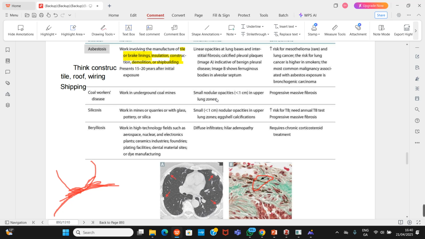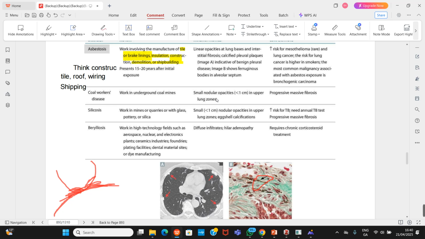Then berylliosis occurs. They can get it like people that work in alloy, people that work in companies where they use a lot of alloy products, like all this high technology stuff, like building aeroplanes, nuclear weapons, electronics, because they use alloy metals to make all these things.